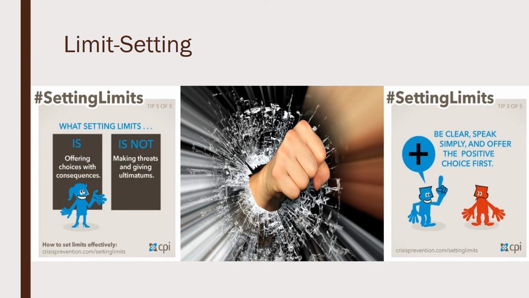Then there is limit setting. This can be used to communicate what is and is not acceptable to you in your role as a leader. It allows you to establish boundaries and expectations, if you're concerned about what others are requesting or expecting from you, or if you don't like what they're doing or not doing or planning to do.